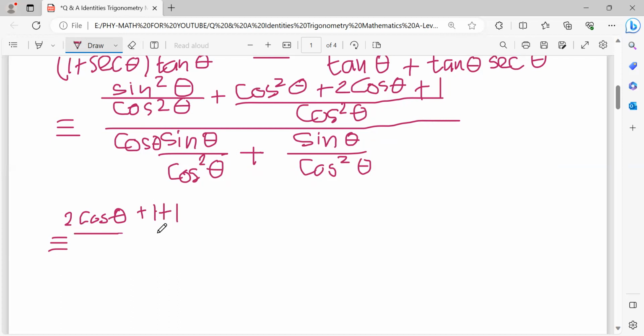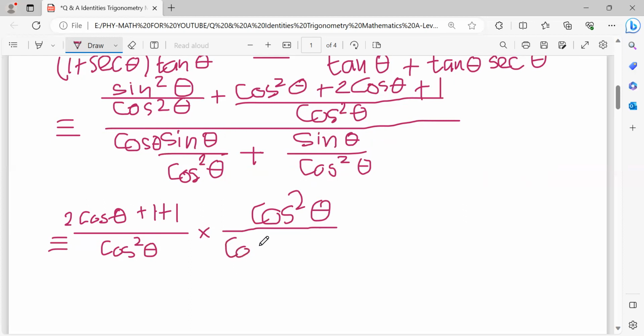Over cosine squared theta, times this denominator inverted, so cosine squared theta over cosine theta times sine theta, plus sine theta.